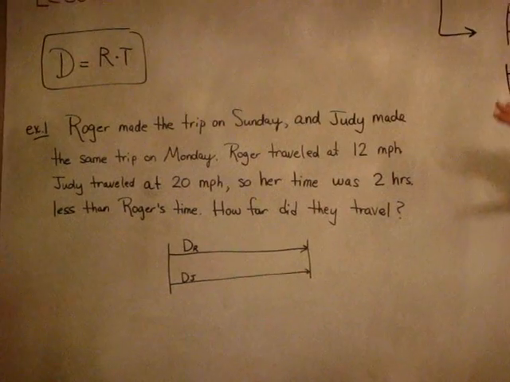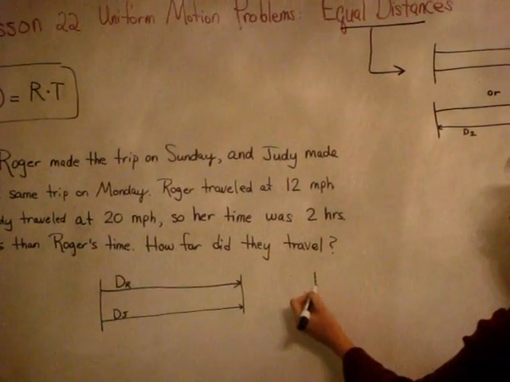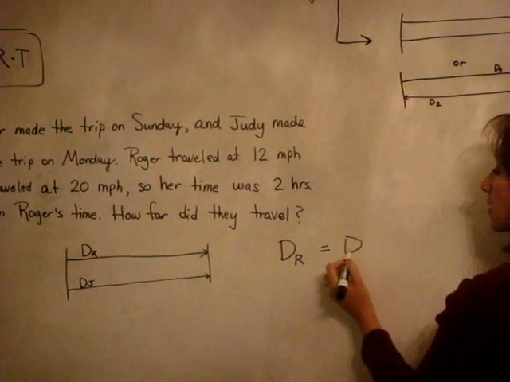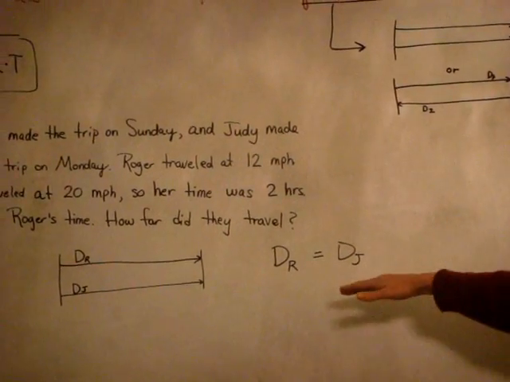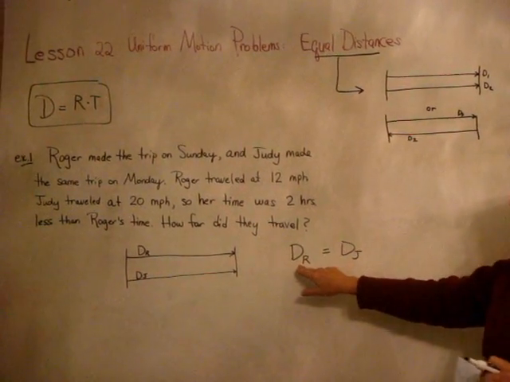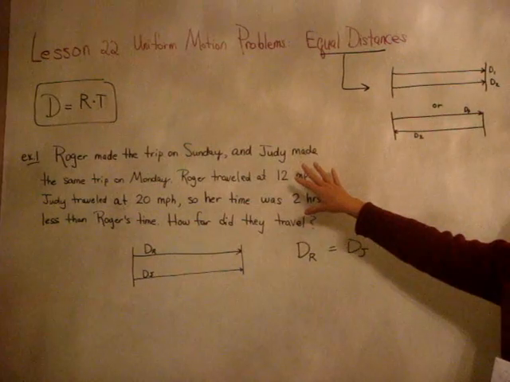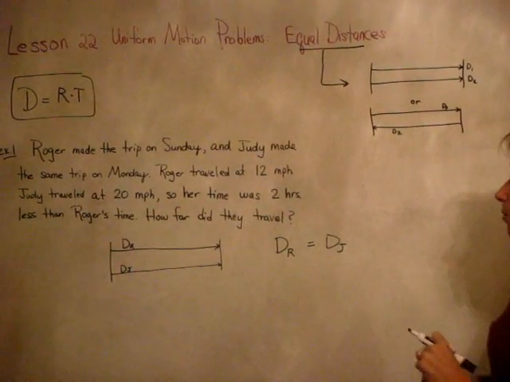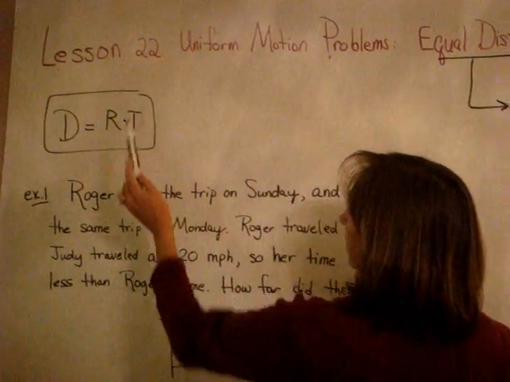When you're doing these equal distance problems, we can set their distances equal. So the distance of Roger is going to equal the distance of Judy. This doesn't help us much, but if we translate distance into rate times time, we'll have some information to solve the problem. So we're going to take our distance of Roger and change it. Over here we have distance equals rate times time.